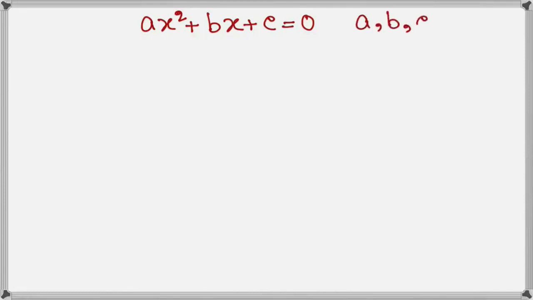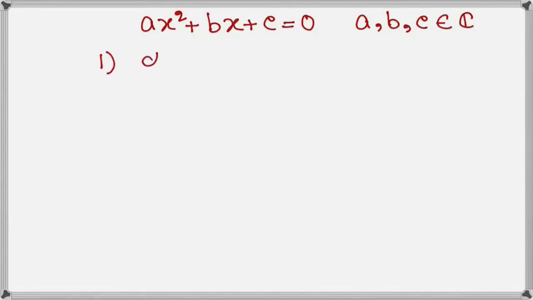Now I end recalling the theory part by noting down a few equalities. So we have a quadratic equation ax square plus bx plus c is equal to 0, where a, b and c are all complex numbers.